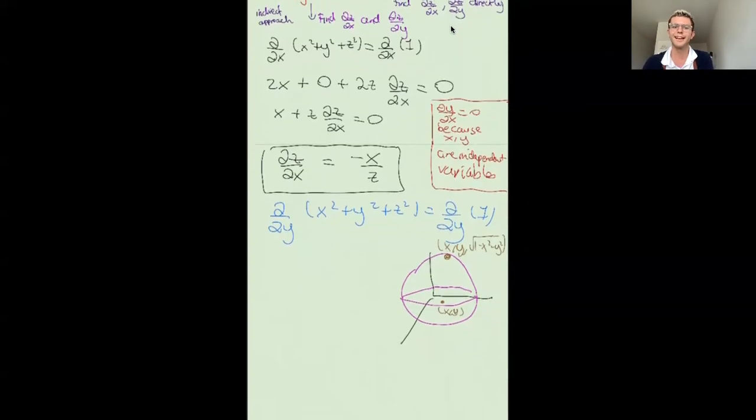And so here, when you take the partial derivative with respect to y, it's similar to x. This one becomes 0, and then this one becomes 2y, and the other one becomes 2z dz dy.